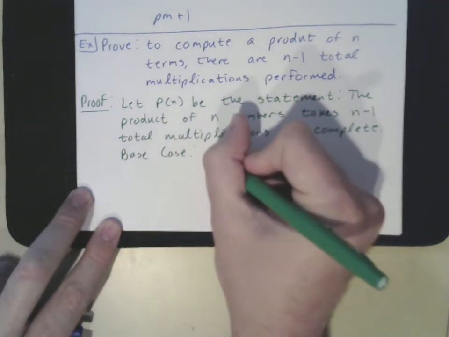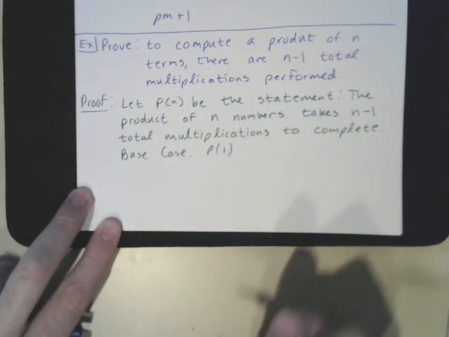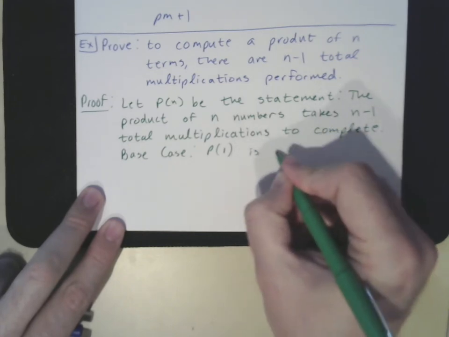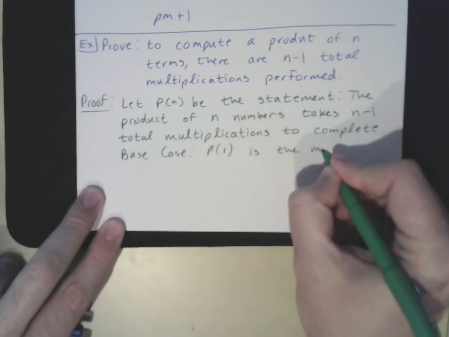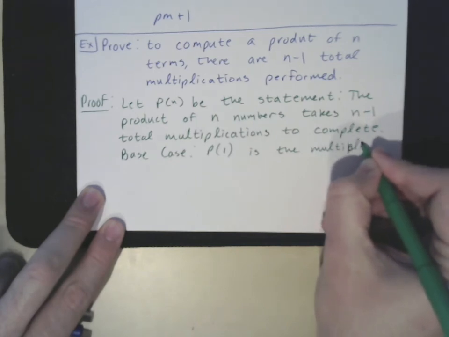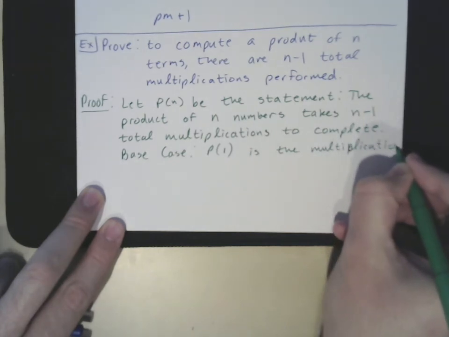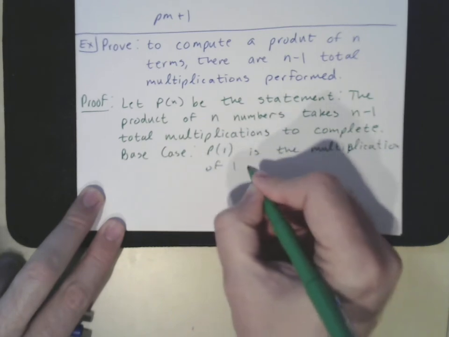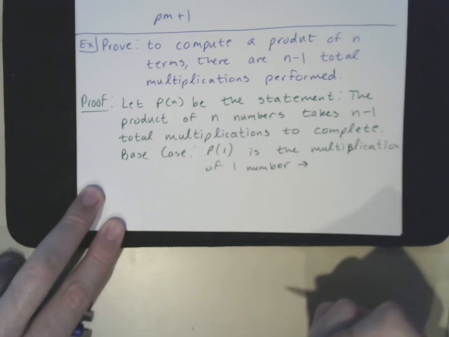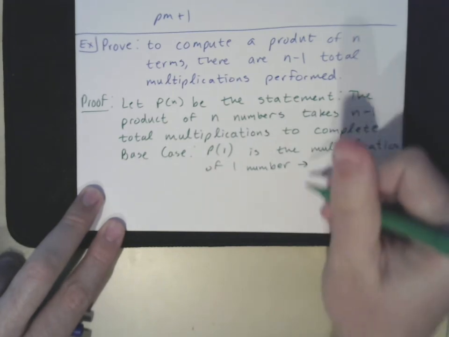So P of 1 is the multiplication of one number, and if you multiply one number, there's no multiplications.